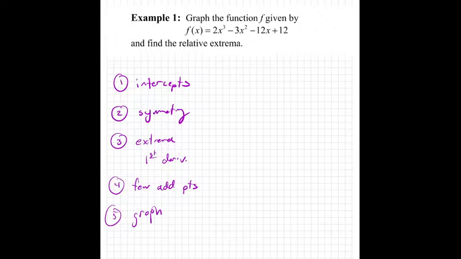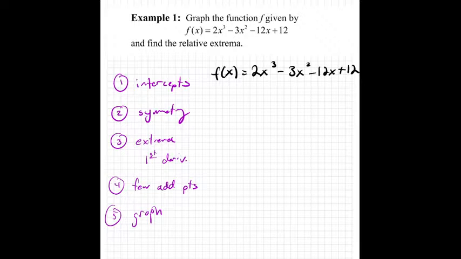Let's actually start with the derivative. Okay, so for f of x, 2x cubed minus 3x squared minus 12x plus 12. Let's first identify our extrema, right? So to do that, again, we said that the critical values are going to occur when the derivative is either 0 or undefined, right?